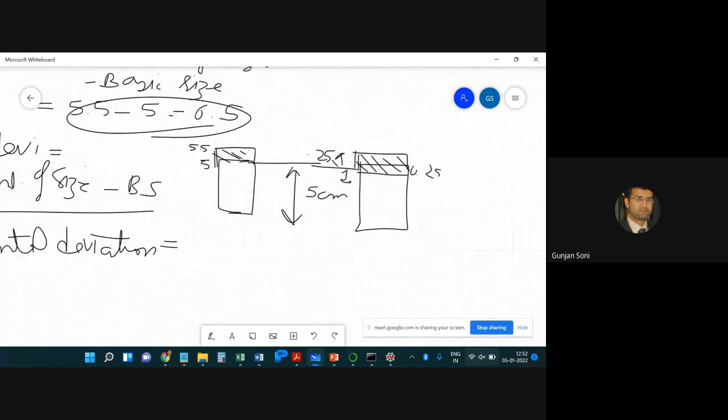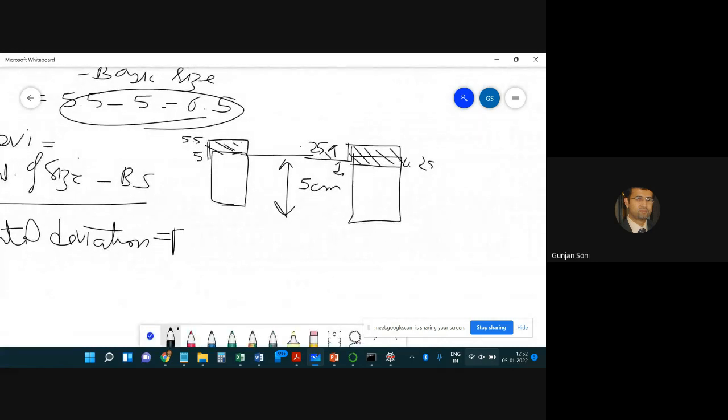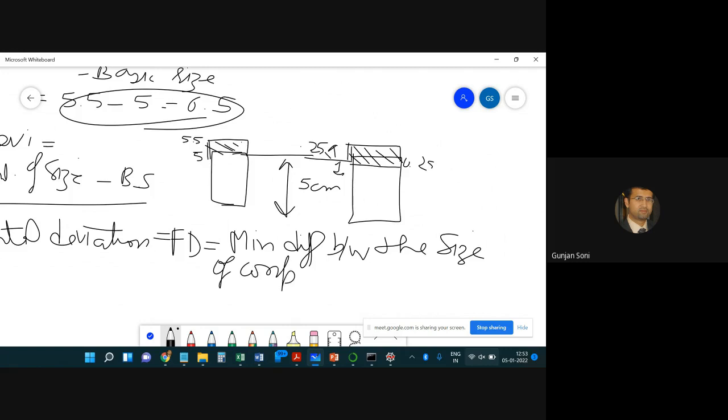From now on we will refer to it as FD, fundamental deviation. So it is the minimum difference between the size of the component and its basic size.